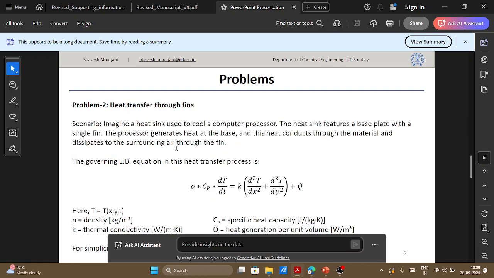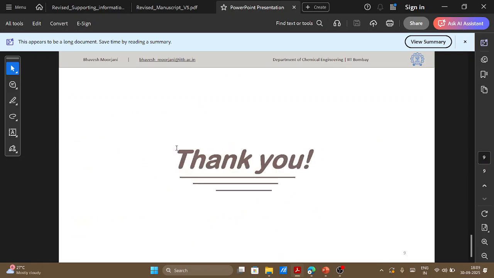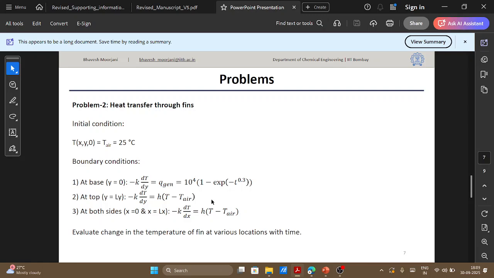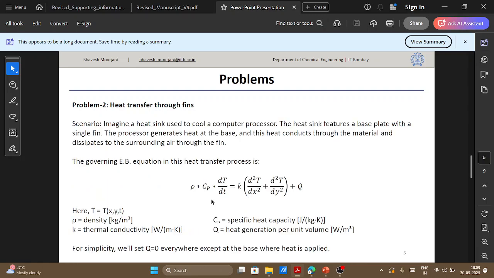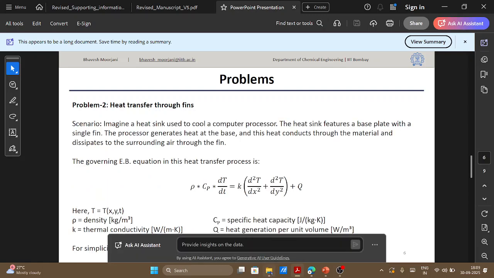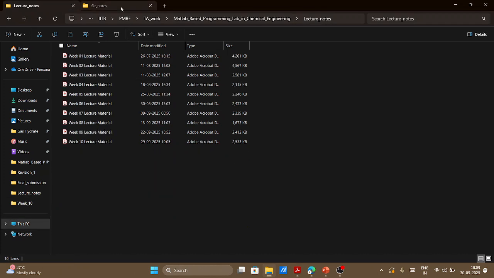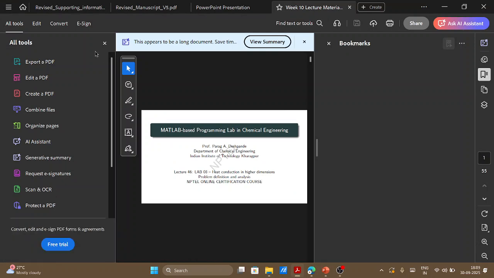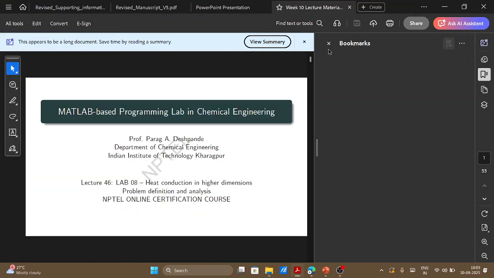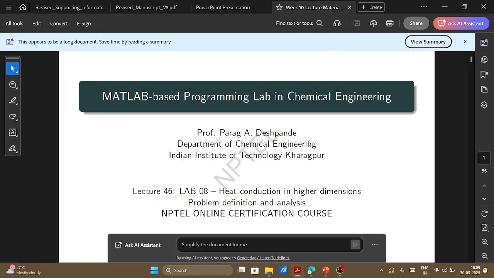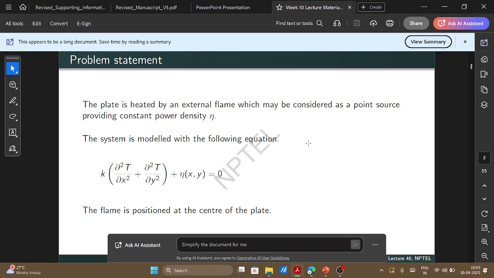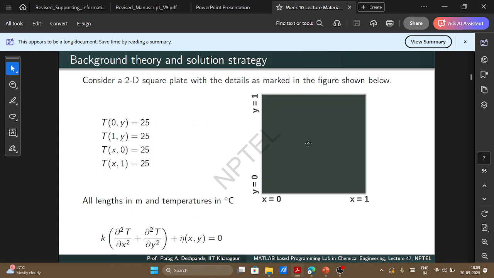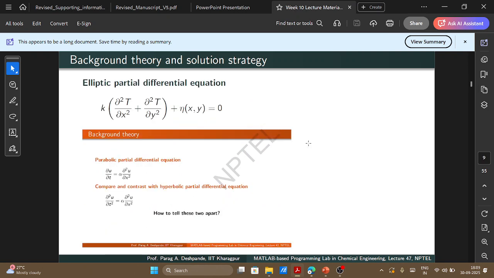So these are the equations. I hope you have seen it and coded it. Similarly, the problem that I solved in the last lecture was of heat transfer through this fin, where we employed numerical methods. Sir has done the same problem in the 10th week lectures, where you have been given this two-dimensional plate for which various boundary conditions are given.